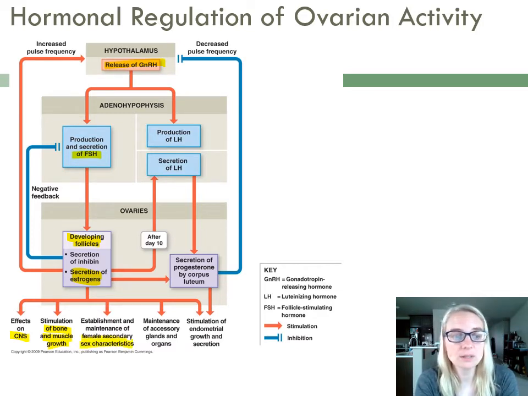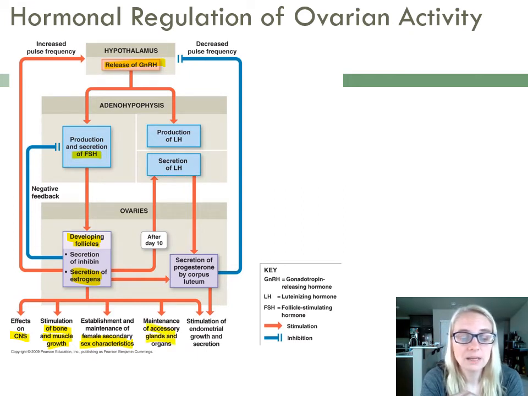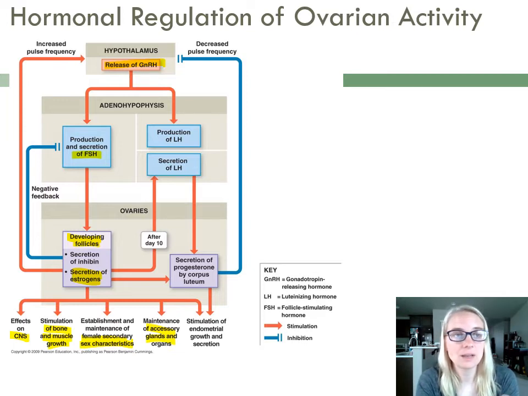This is breast tissue, body fat distribution, voice range, those types of things. It maintains accessory glands, that is glands in the female reproductive tract as well as mammary glands. And then estrogen also stimulates endometrial growth, which we'll see on the next paneled slide.